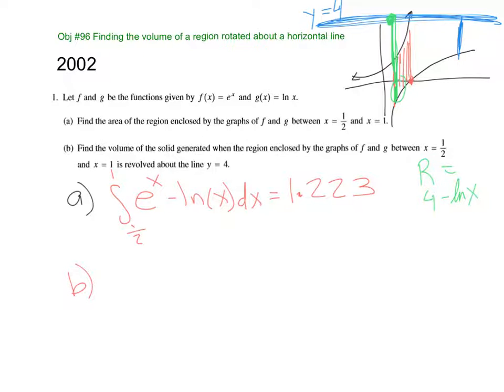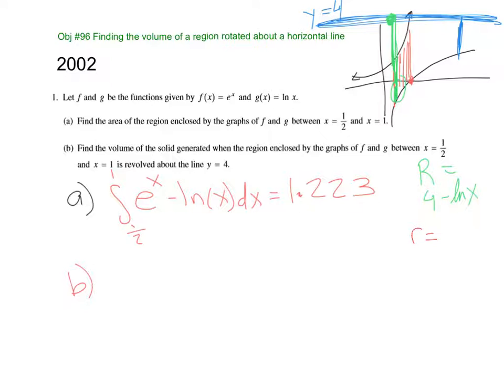So this whole thing is 4 minus the function, which equals this piece. So it's just 4 minus ln of x, because the ln of x is below, so we have to switch the sign of it. Alright, so then what would little r be?